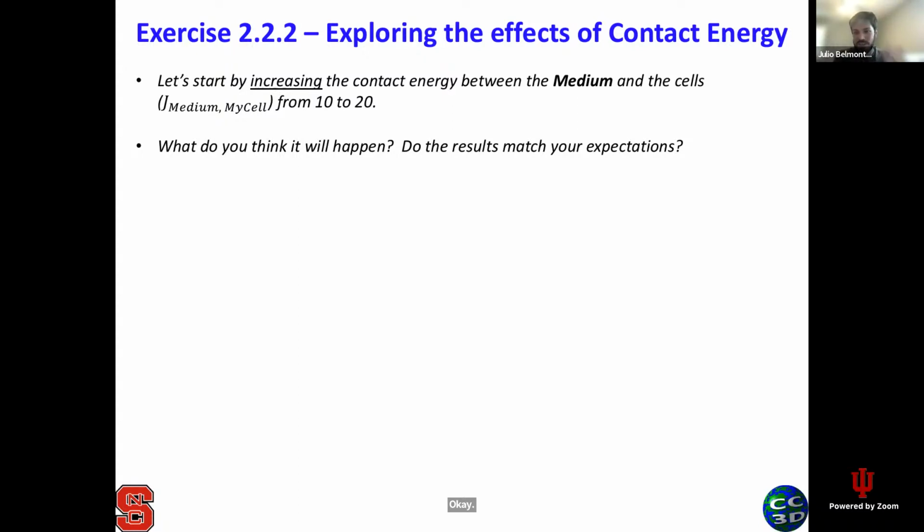Sharon feels the same, that they should be more round, but you're not sure if it's going to round faster or if it's just going to be more rounded at the end. Sinya, I think that there will be a more circular geometry in the last time. Okay. So please now run the simulations and tell me, does this happen or not? Or did you get a surprise?